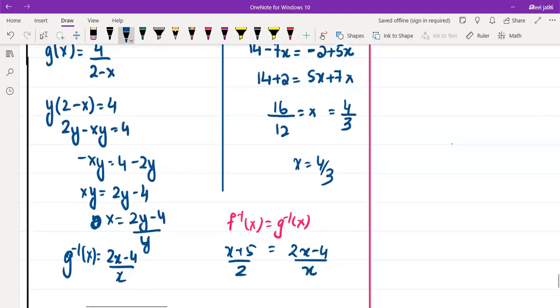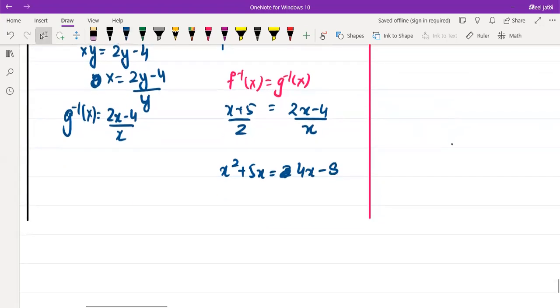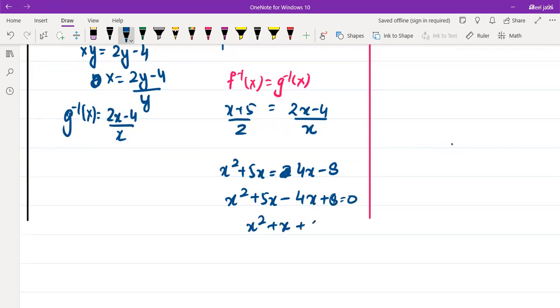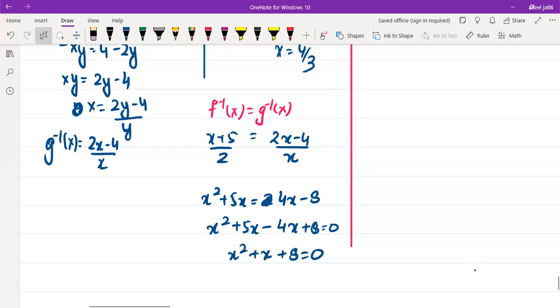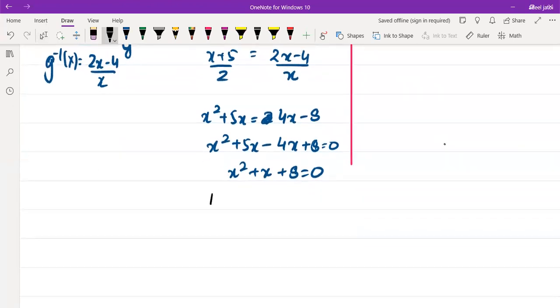So I have two equations that we need to solve. This should be x squared plus 5x is equal to 4x minus 8. x squared plus 5x minus 4x plus 8 is equal to 0. x squared plus x plus 8 is equal to 0. Since the question said no real roots, b is 1, a is 1, and c is 8.